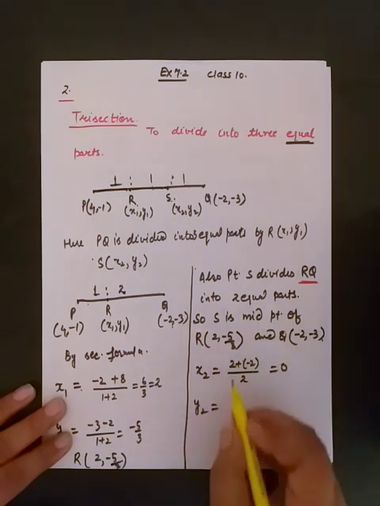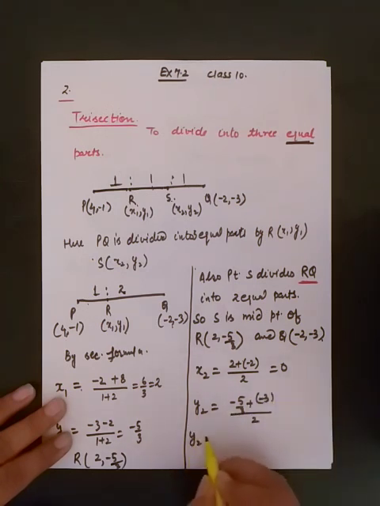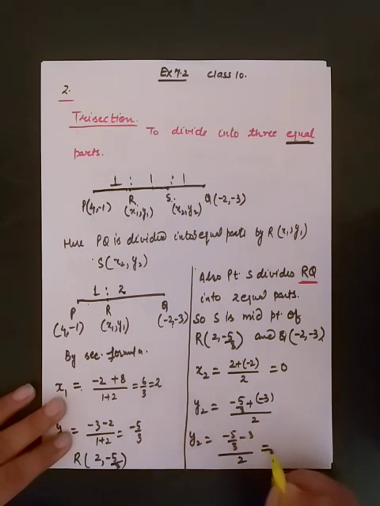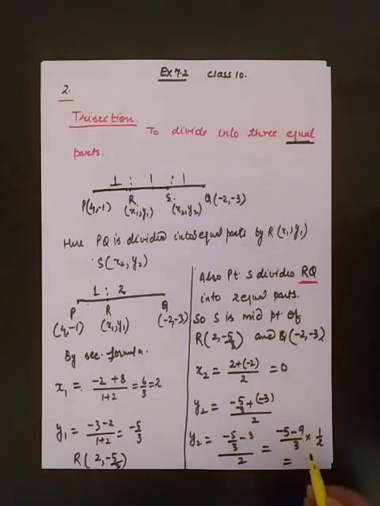And y2 will be the sum of both ordinates divided by 2. We get y2 is equal to (-5/3 - 3)/2. We will get (-5 - 9)/3 into 1/2. And we get -14/6, so it will be -7/3.